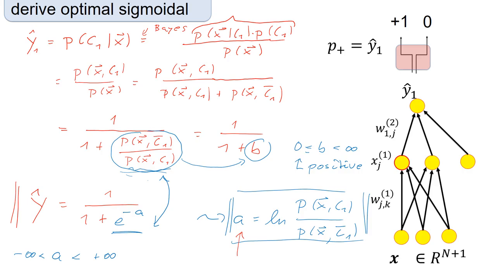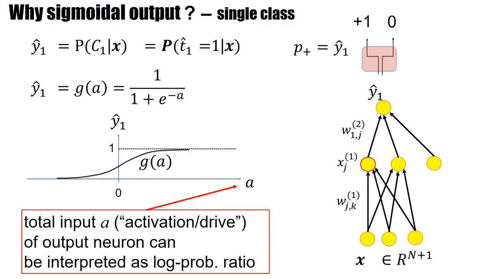Let's plot this. So this is a hand-drawn plot of this function. You see a typical sigmoidal shape, and that's again the definition. So this is the definition of the standard sigmoidal that's usually used in the output layer of a neural network in the context of a statistical interpretation.